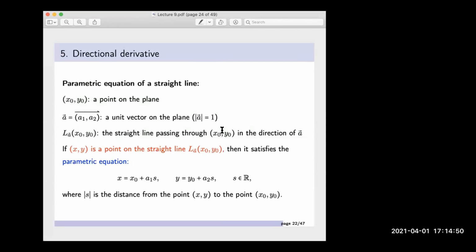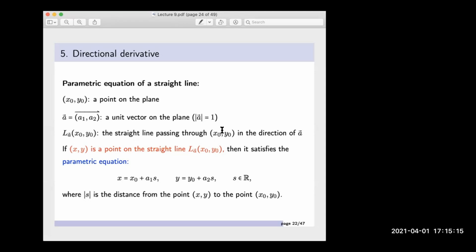The partial derivative in x is simply the derivative in the x direction, because it tells you when x changes, what's the rate of change. The partial derivative in y is simply the derivative in the y direction, because it tells you when y changes, how much the function changes.